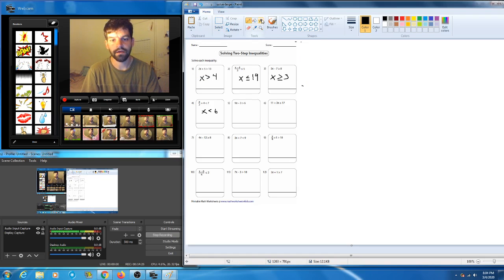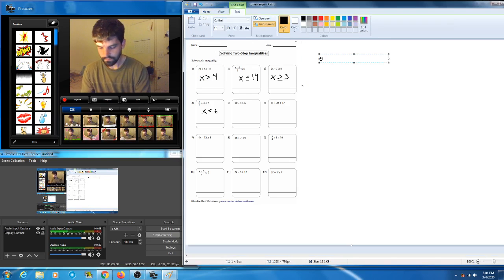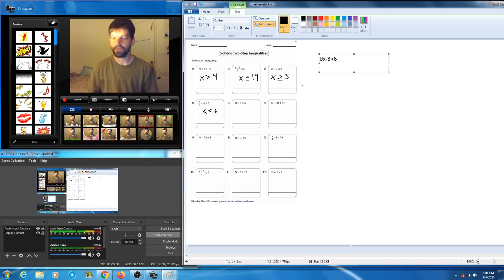Okay, so we have 9x minus 3 is greater than 6. Now here we have no fractions that we have to deal with, so we can go ahead and just use that strategy of reverse order of operations. So addition and subtraction will be first, so since x is having 3 subtracted from it, we're going to add 3 to both sides.